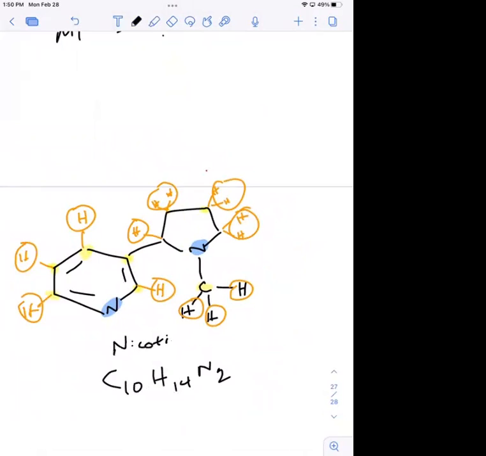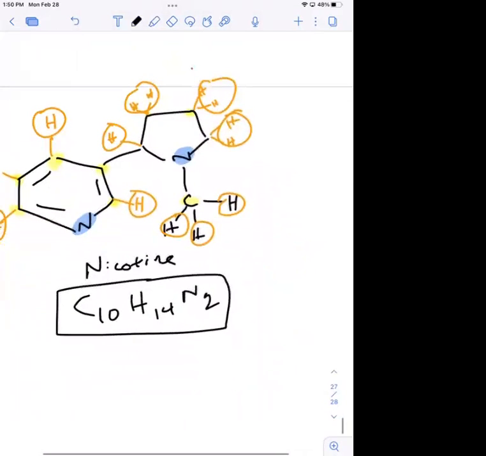Right. I was telling the class this morning that this molecular formula is for nicotine, but there are other structures, or other molecules, that can have the same formula, but they might just have a different structure.